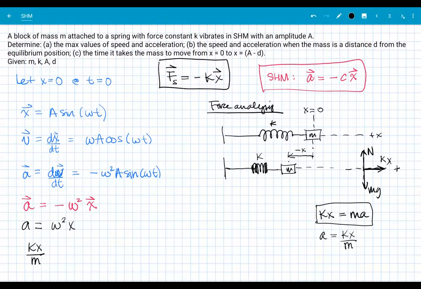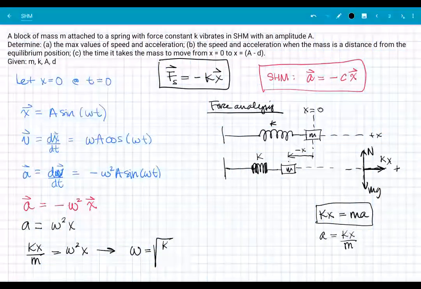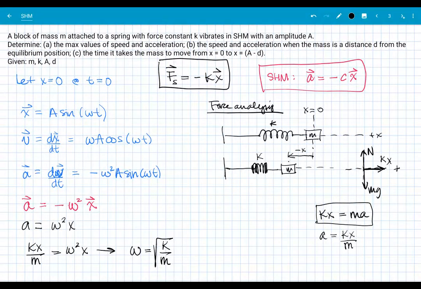Okay, I'm going to put those two equations together. kx over m is equal to omega squared x, and that gives me an all-important equation: omega is equal to root k over m. This is really, really important. What that was is just a derivation of the angular frequency, sometimes also just referred to as the frequency, but I'll always call it the angular frequency when I'm talking about omega versus just f.